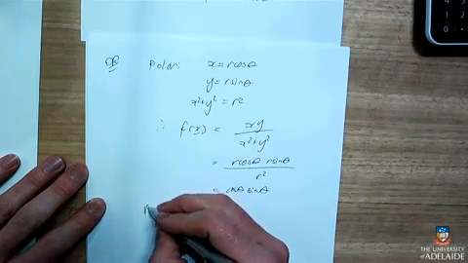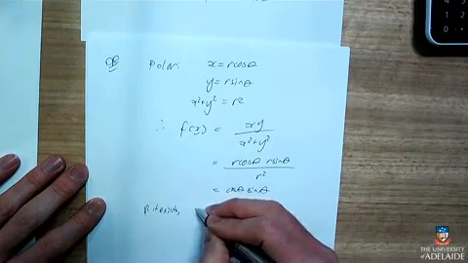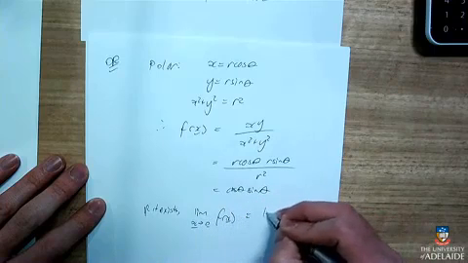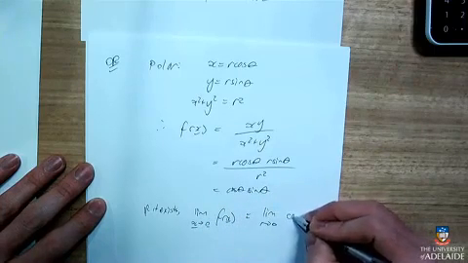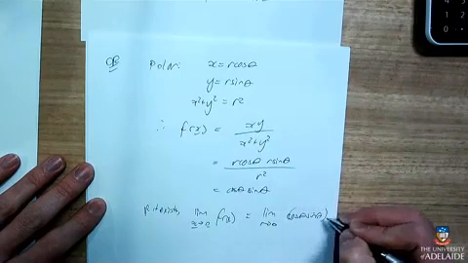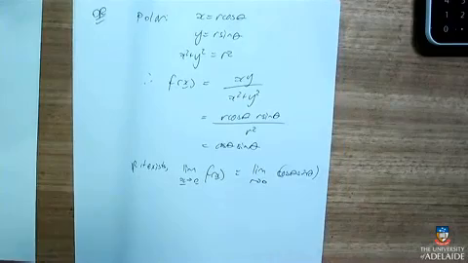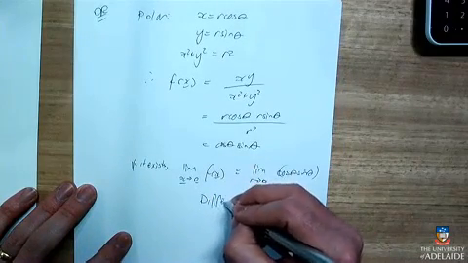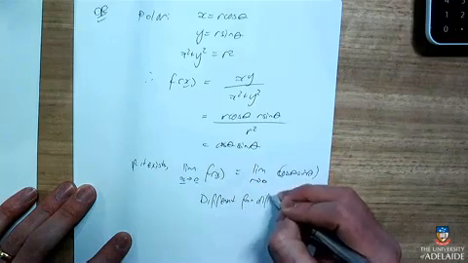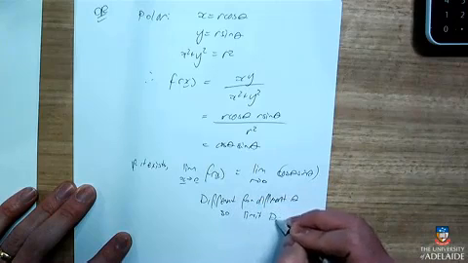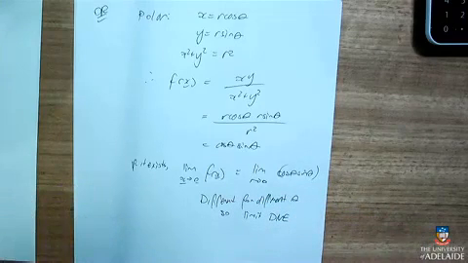So if it exists, the limit as x approaches 0 of f of x should be the limit as r approaches 0 of cos theta sine theta, which is different for different thetas, and therefore the limit doesn't exist. So I could have gone direct to polar, but I actually find this a little easier to do.